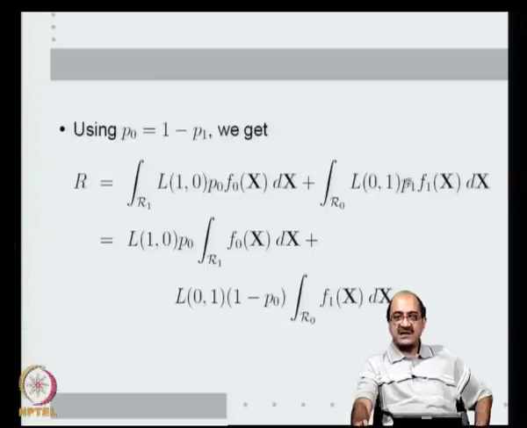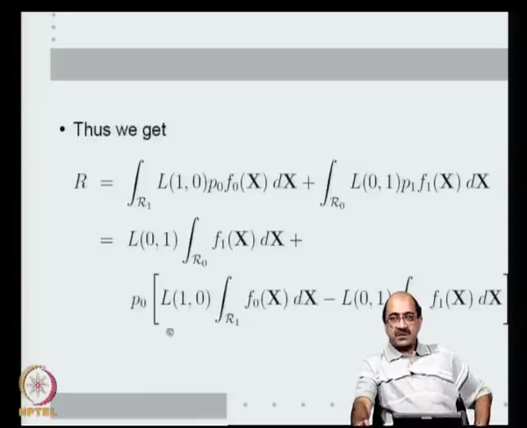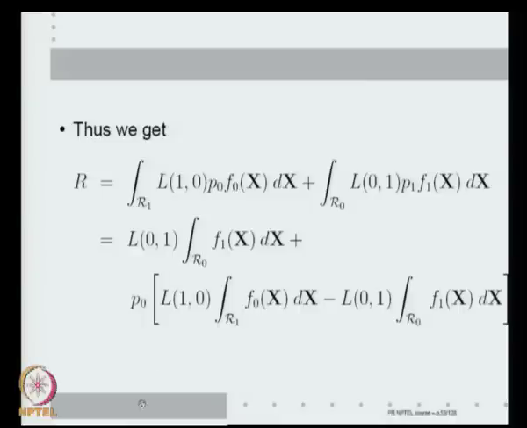So, that is my risk integral. Now, this integral has one term which is constant, L01 times the integral of f1 over R0, and another term that depends on P0, P0 times the first integral minus the second integral. So, I can write the risk as one constant term plus P0 times the difference of two integrals.